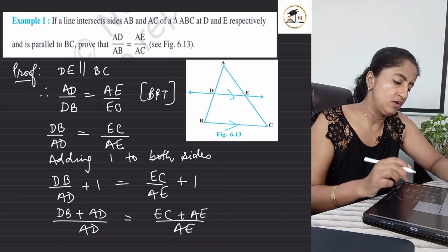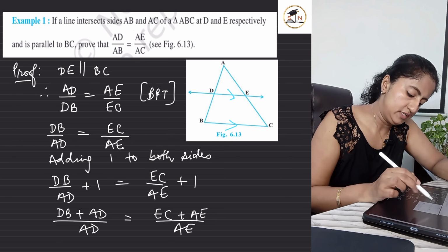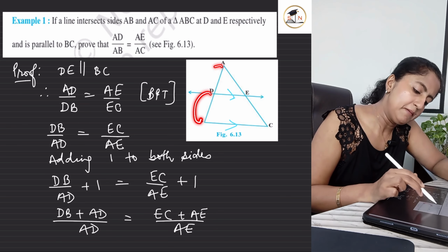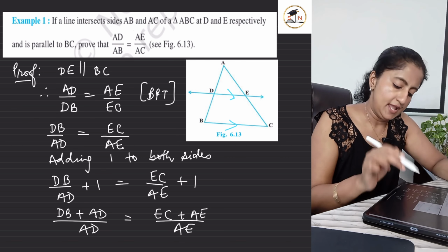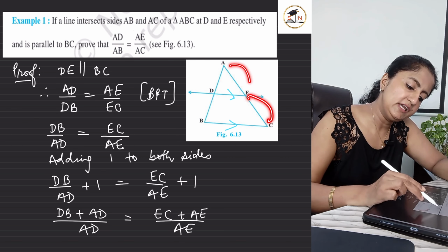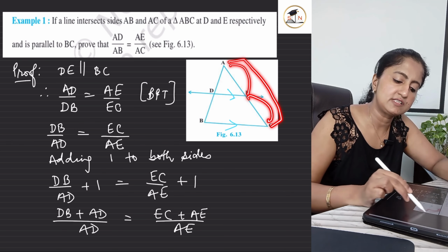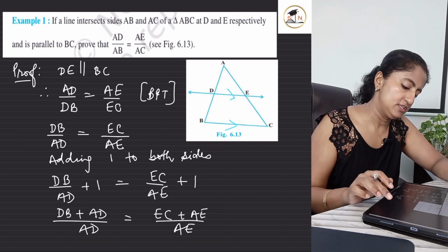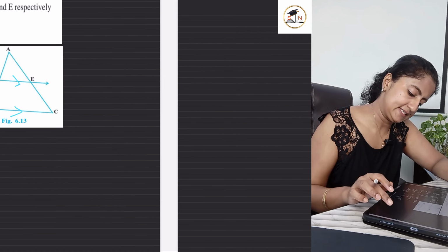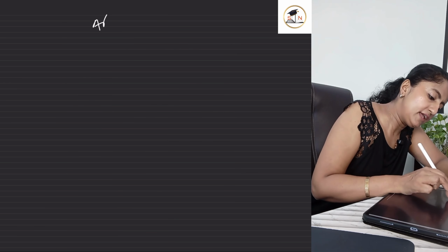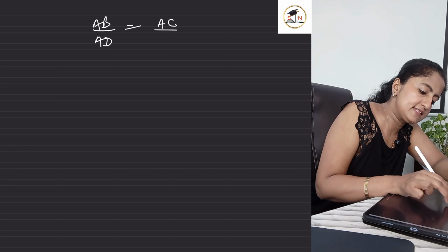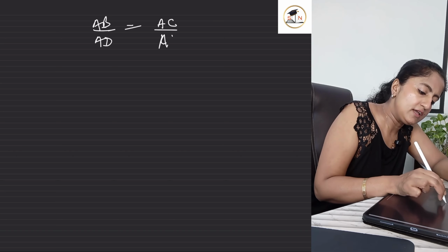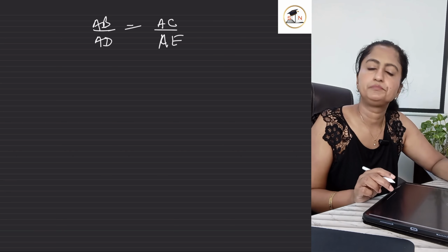Right? Now, what are we getting? According to the figure, if I am adding DB plus AD, that gives us complete of AB. And similarly, EC plus AE gives us complete of AC. Right? So now, writing that on the next line, we get AB over AD equals AC over AE, right?